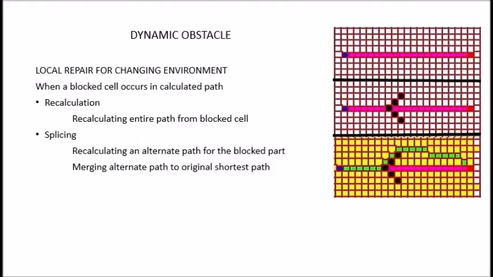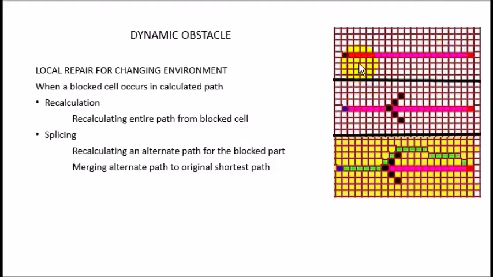It is done by connecting the current position to the immediate next position after the obstacle in the original calculated path, and this way we merge an alternate path, like from this to the original path, when this obstacle appears in the path.